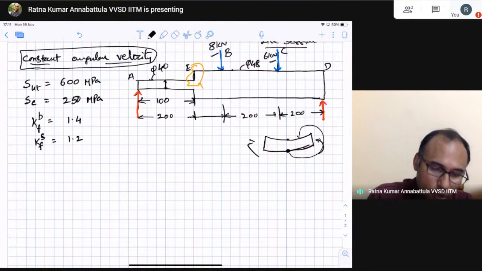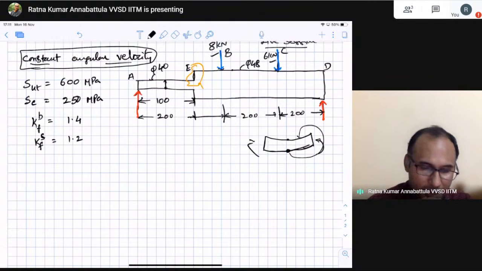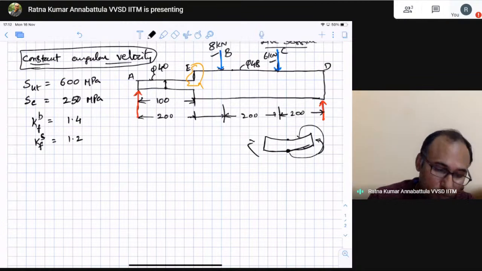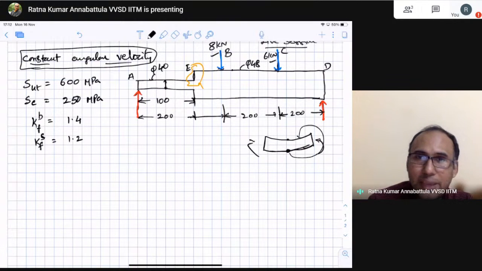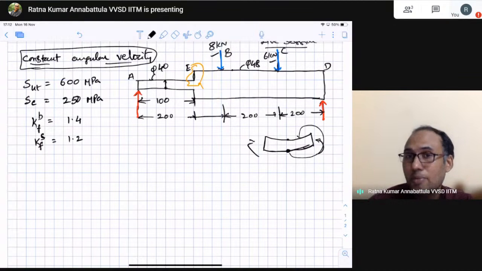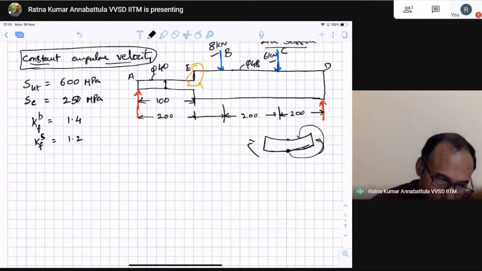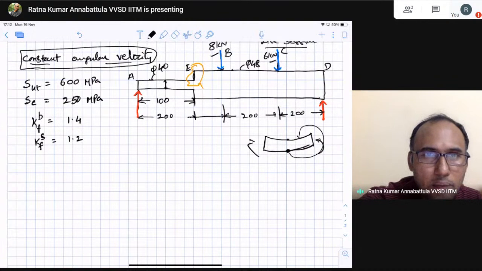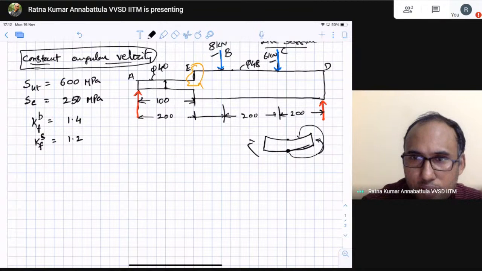For instance, you can idealize this as a simply supported beam subjected to 2 point loads at a distance of 200 mm from either end, and then you need to check whether you will be able to calculate the maximum stress induced in the shaft and what kind of stresses are induced. Is it only a normal stress or do you also have a shear stress? That is something that we need to take into account.